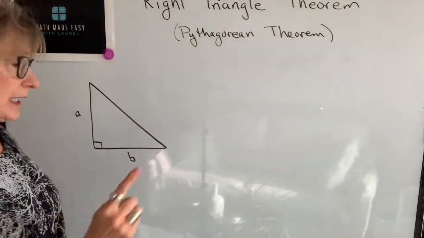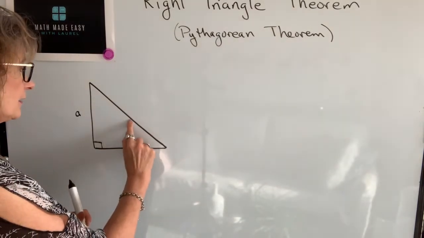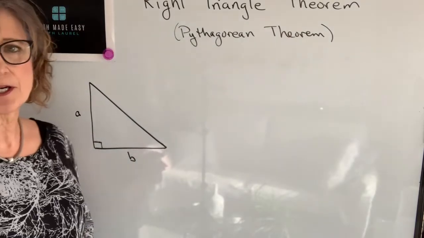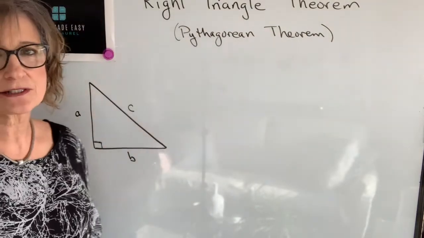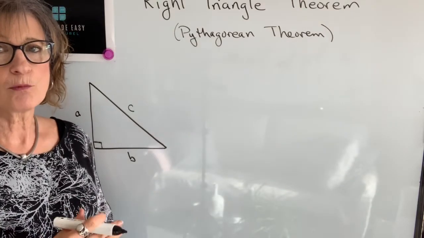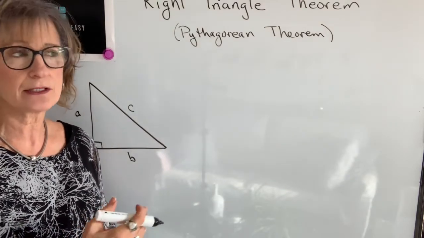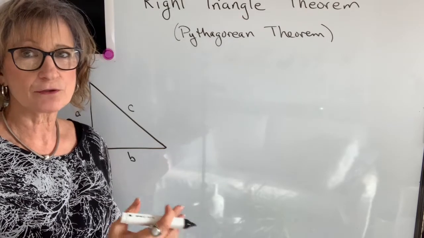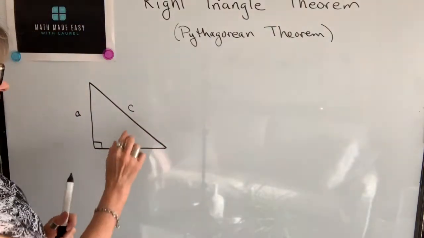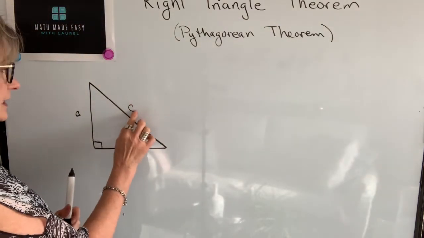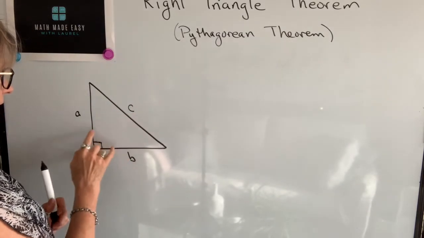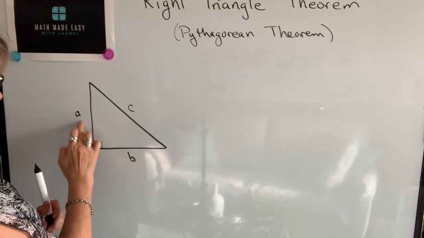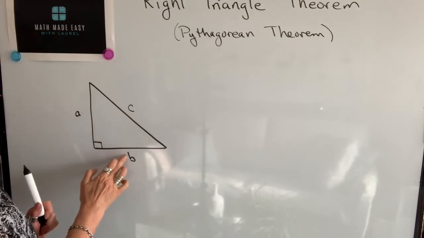However, the side that's across from the right angle, which is the longest side of the triangle, will be called C. The official name of it is the hypotenuse, and we'll talk more about the hypotenuse when we get into the definitions of the different trig functions. But just realize for now that C, the side C, is always the one across from the right angle. A and B can be interchanged. We call this A and this B.